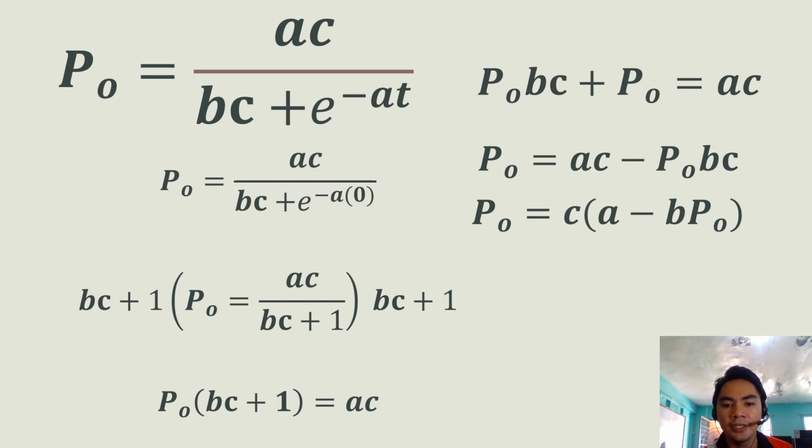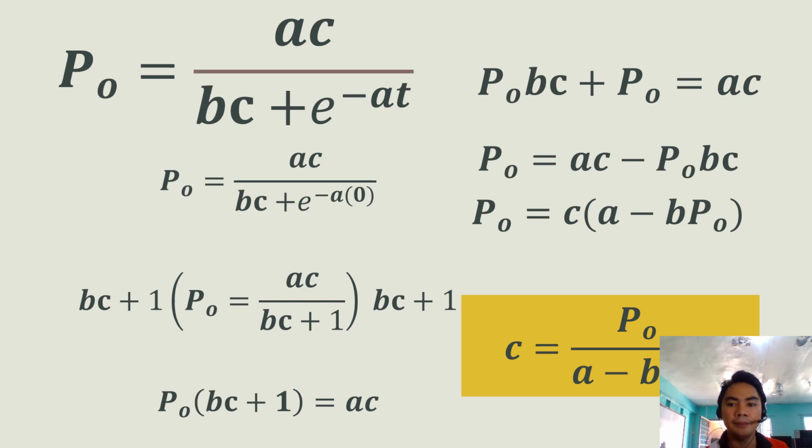So we have p sub 0 is equal to c, quantity of a minus b p sub 0. And by this, let's divide both sides by a minus b p sub 0, and let's interchange the sides. So we have now the value of our c is p sub 0 all over a minus b p sub 0.